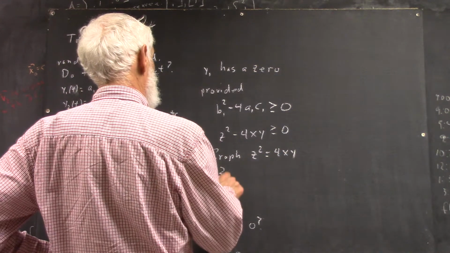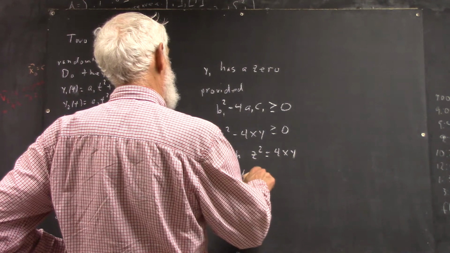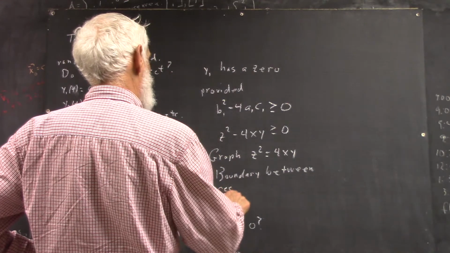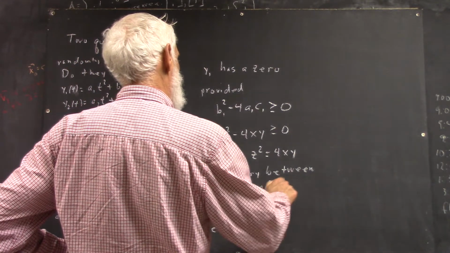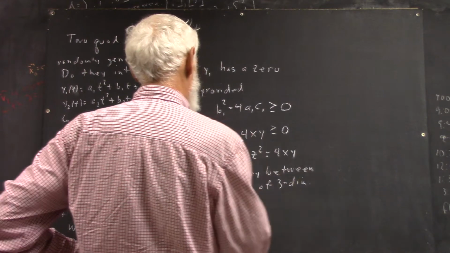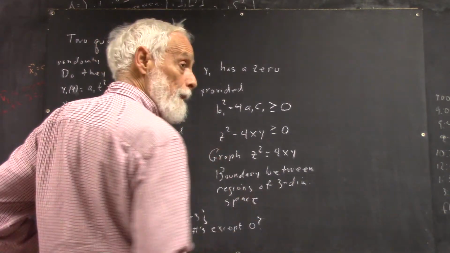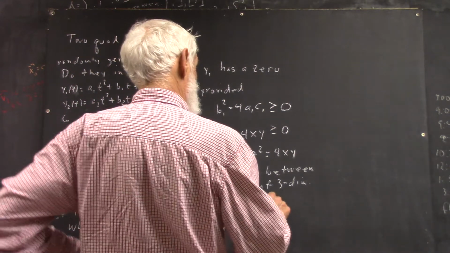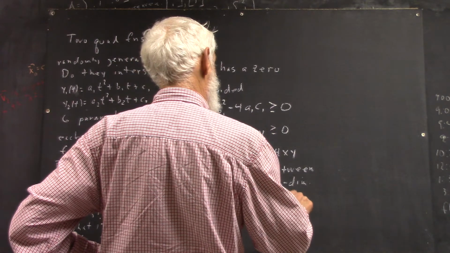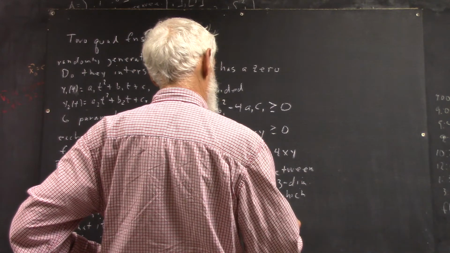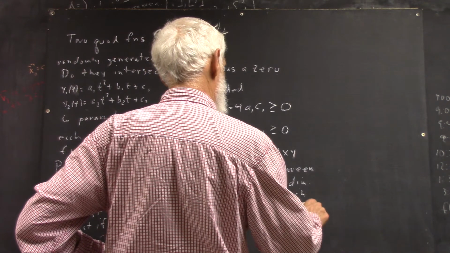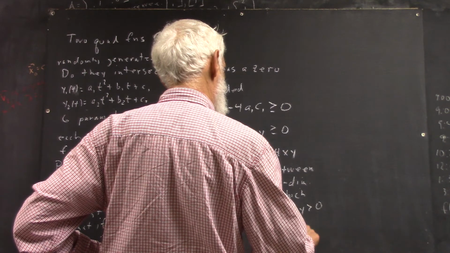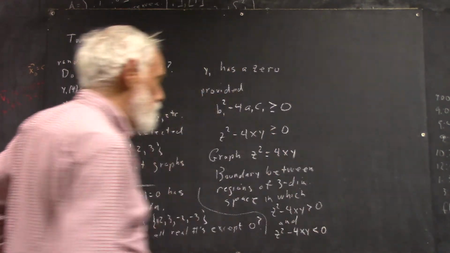So this is the boundary between the regions of three-dimensional space where this is greater than 0 and where it's less than 0.